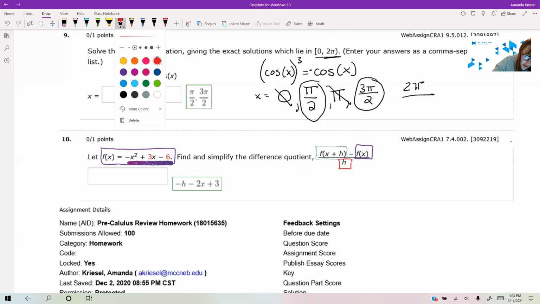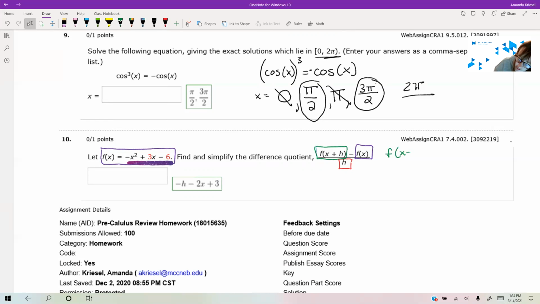I like to go through and make sure we have all these parts. So this f of x plus h here, I'm replacing x with x plus h. I'll do that on the right hand side.